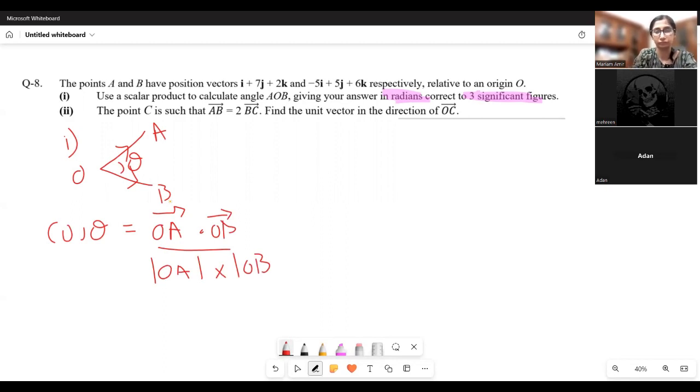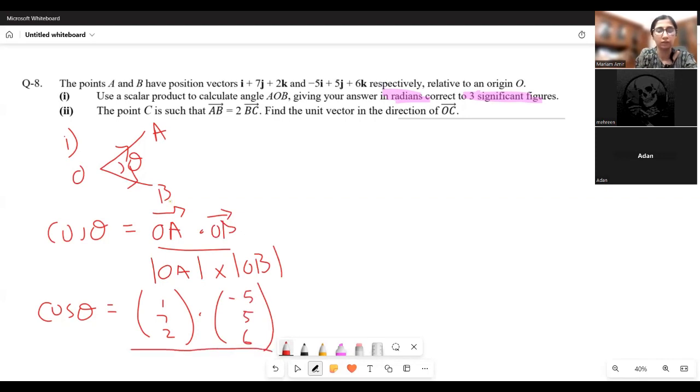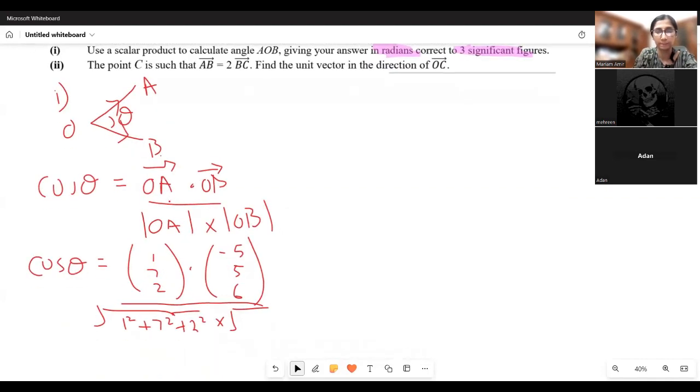So cos theta equals OA in column vector, which is 1, 7, 2, dot OB in column vector, which is minus 5, 5, 6, divided by square root 1 square plus 7 square plus 2 square times square root 5 square plus 5 square plus 6 square.